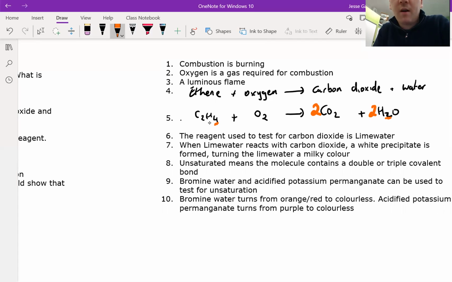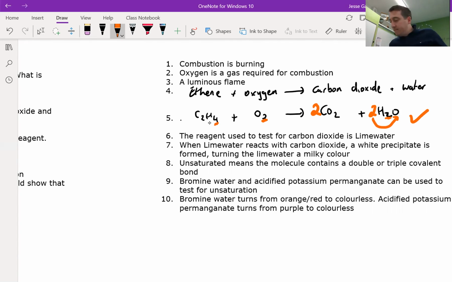Now I've got 4 hydrogens, 2 times 2 hydrogens is 4. And the oxygens, I've got 2 oxygens on the left, and now on the right I've got 2 times 1 oxygen, which is an unwritten one there. My class definitely knows that that's an unwritten one. That means there's 2 oxygens, so that is balanced. So that is now our balanced equation for the combustion of ethene.